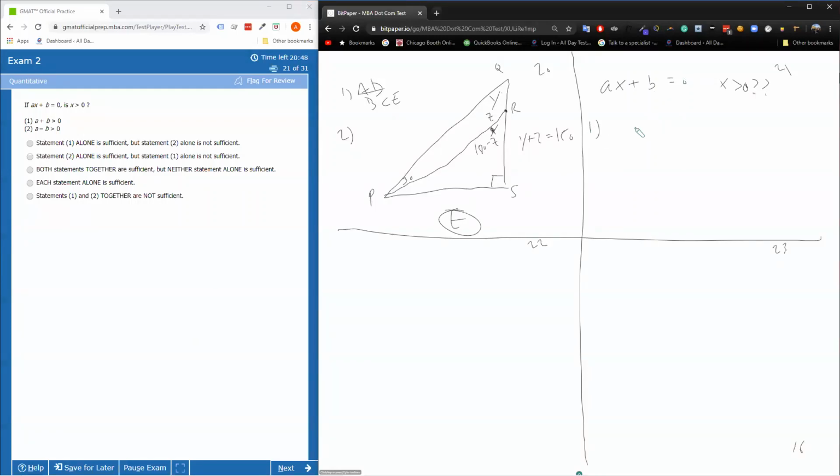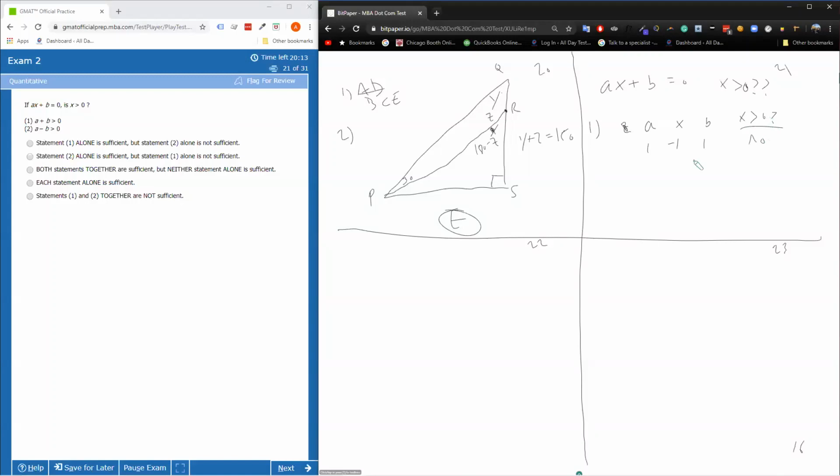Okay, so does that mean, so say a and b are each 1. That would make x equal to -1. So is x greater than 0? That gives us a no, so I want to try and get a yes now.